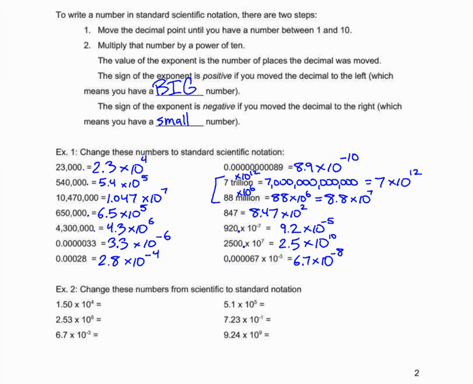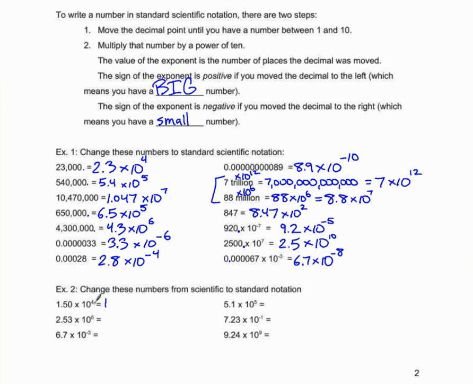Example 2, we are going from scientific to standard notation. So we have 1.50 times 10 to the 4th power. And so what I do is I start with the biggest number, and then once I start writing down numbers, I'm counting 1, 2, and so on.